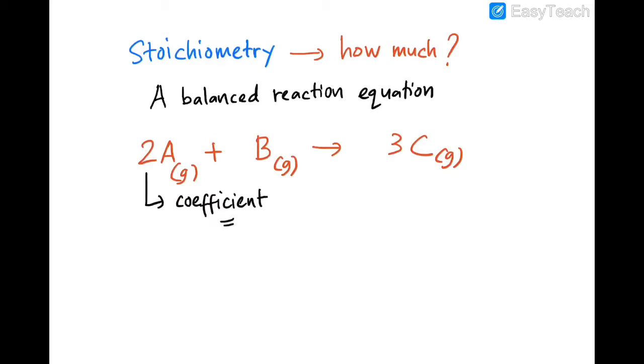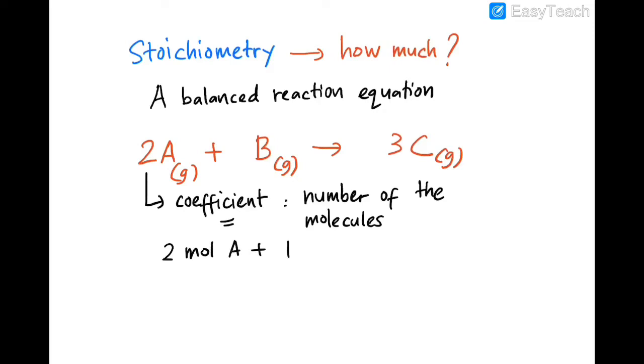These coefficients directly tell you the number of molecules, or atoms if it's not a molecule. For instance, in this case, 2 moles of A will react with exactly 1 mole of B, and together they will form 3 moles of C. This is what we call the stoichiometric ratio.